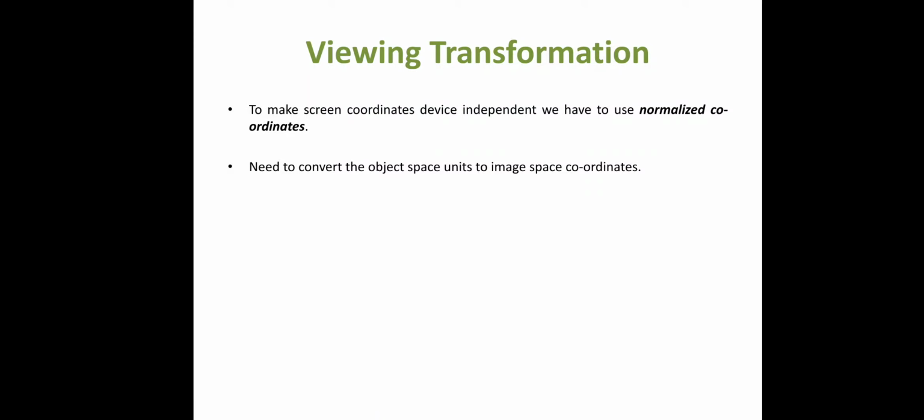There are different types of display devices with variation in screen coordinates. As your display device changes, the method of deriving screen coordinates changes. If we want to make our screen coordinates device independent, because the screen coordinates differ on different devices and it is not good to have different screen coordinates, what can we do?